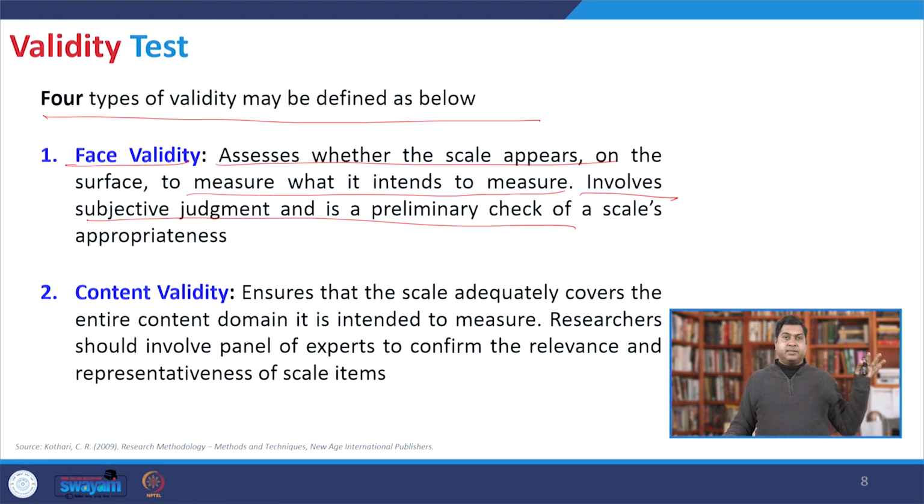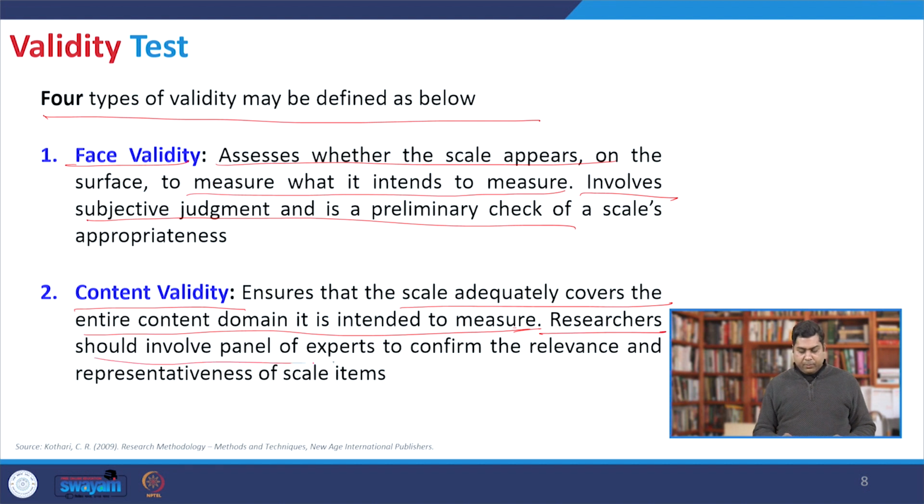So when you do the pilot testing, you should be assured that this is a particular measurement scale where there may be some errors which you need to rectify for the full-scale survey. Next, content validity ensures that the scale adequately covers the entire content domain for which it was intended.